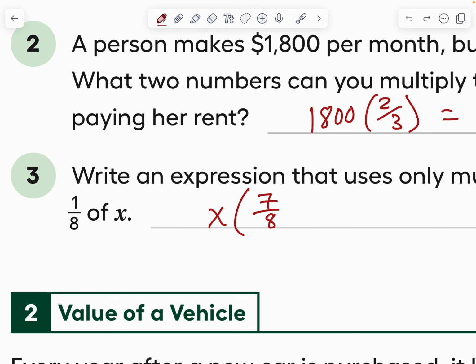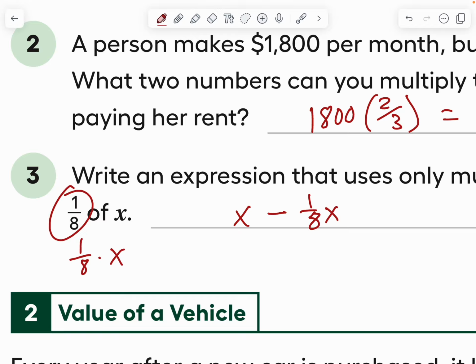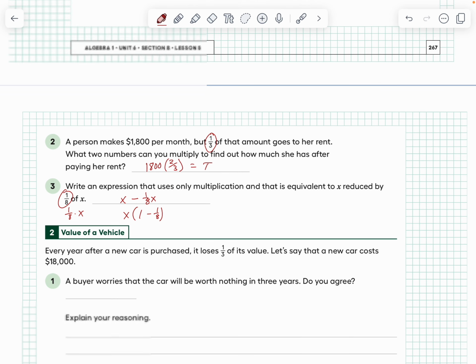Or you're taking away 1/8 of x, 1/8 times x. So it'd be like x minus 1/8 of x. Or another way to write that, you could take the x, factor it out, and say it's x times 1 minus 1/8.